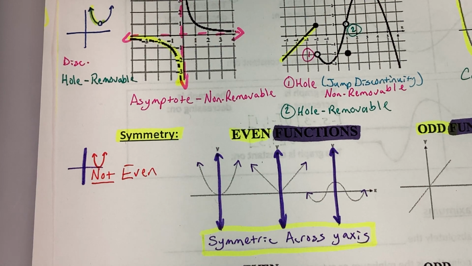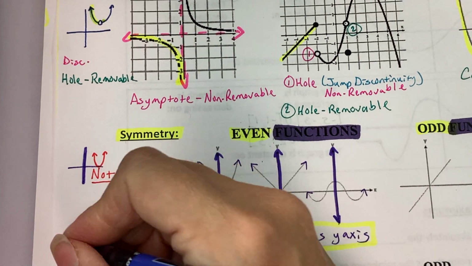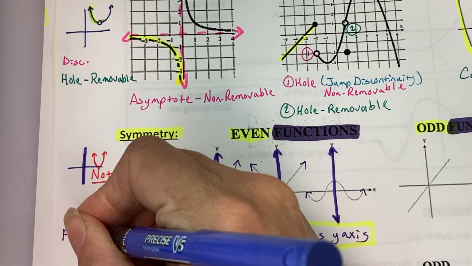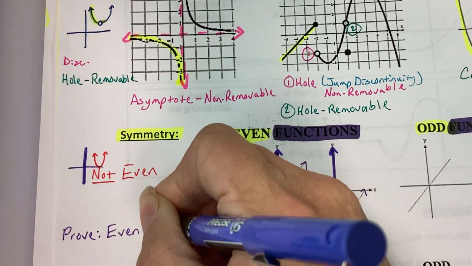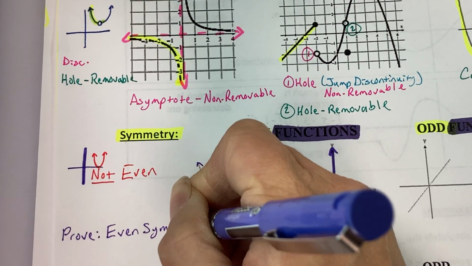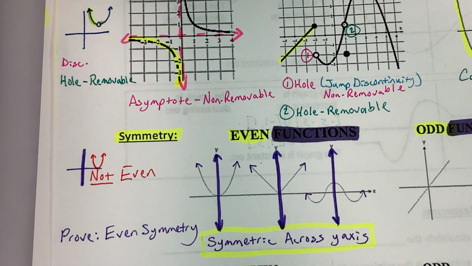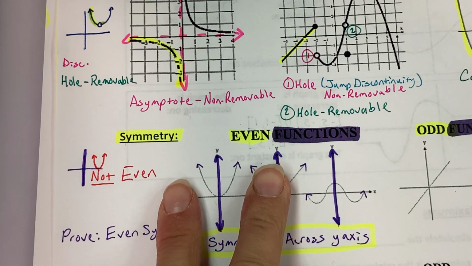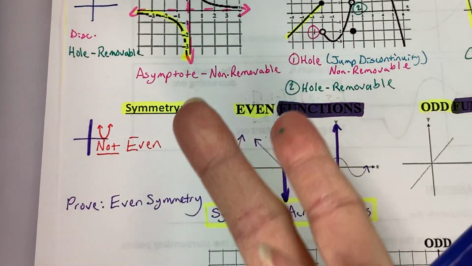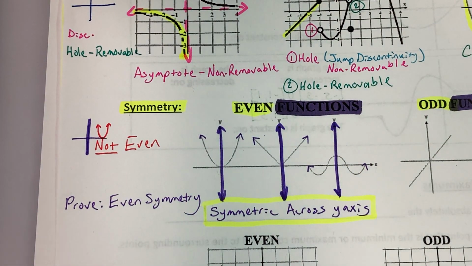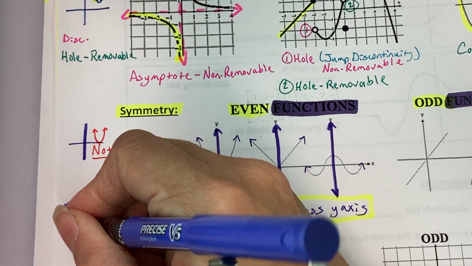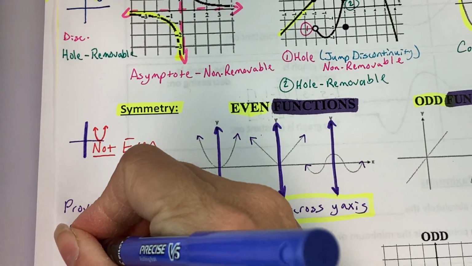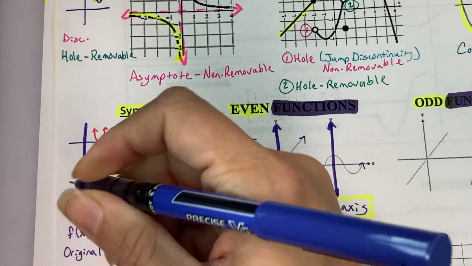Now, to prove this algebraically, so to prove even symmetry, essentially, we want to prove that reflecting the graph horizontally doesn't change the function. So if I have a function, f of x, we'll call that my original equation.